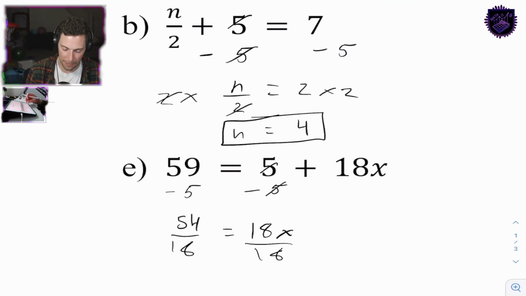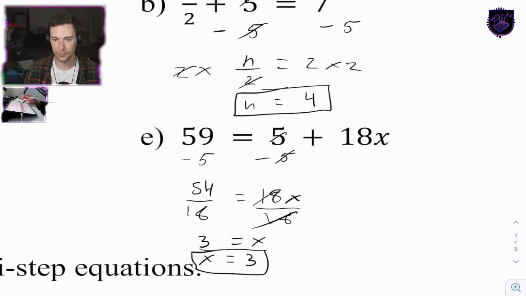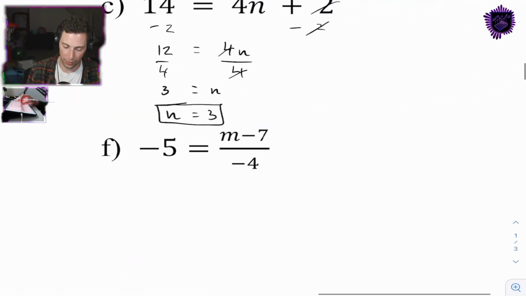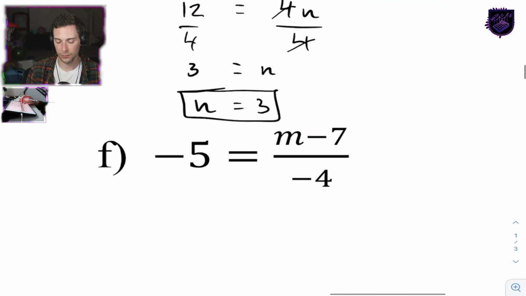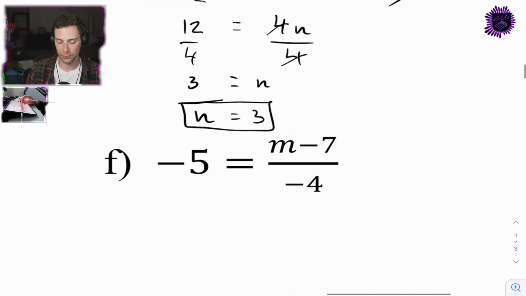What's that? 3. Cancels. X equals 3, or x equals 3 if I want to write it like that. Keep it simple with the variable coming first so it sounds nice. Okay. All right.